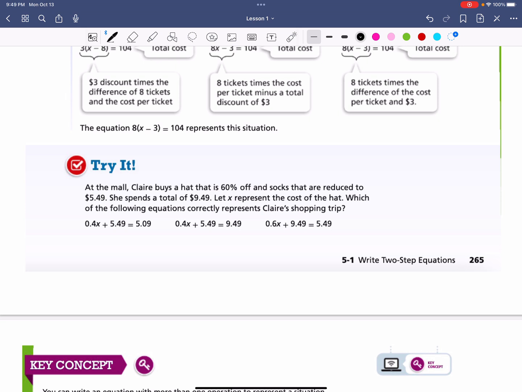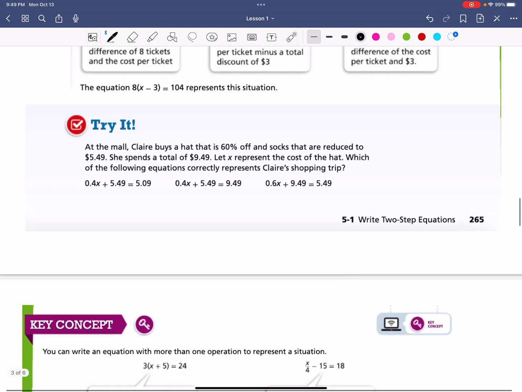Question 3. At the mall, Claire buys a hat that is 60% off and socks that are reduced to $5.49. She spends a total of $9.49. X represents the cost of the hat, which of the following equations correctly represents her shopping trip. Well, we know in total she spends $9.49, so that's what we're going to be equal to.